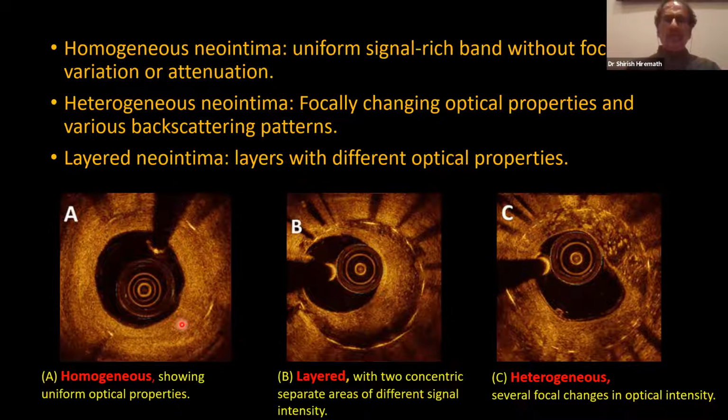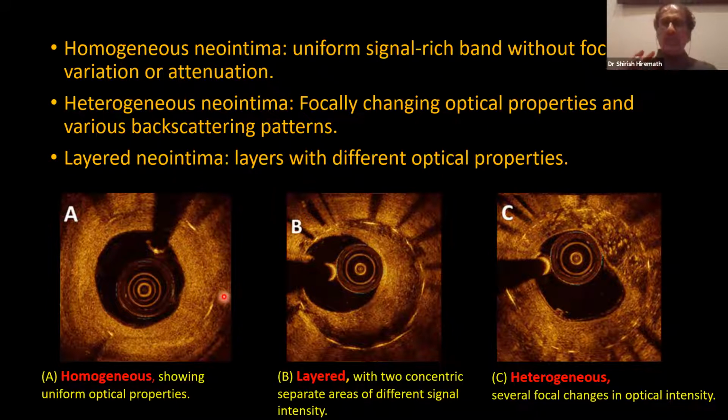This is an ISR, and you can see on the OCT, the old stent is here, and there is a lot of ingrowth which is narrowing the vessel. So the stent is well expanded, but there is a gross hypertrophy of the intima and intermediate tissue, and that is how the vessel is narrowed.